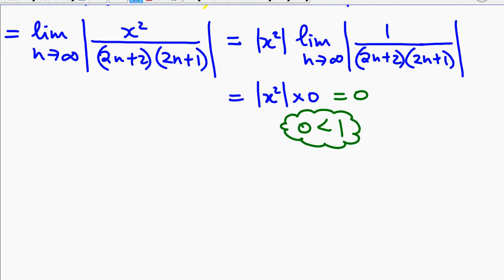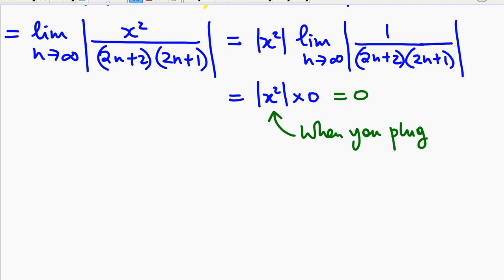So what I'll do is I'll just add a statement here, maybe this will make more sense. When you plug in any value of x, this series converges.